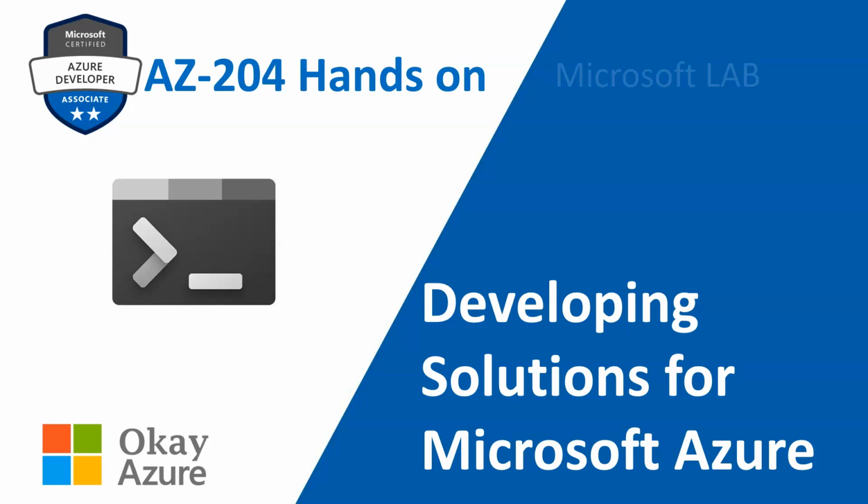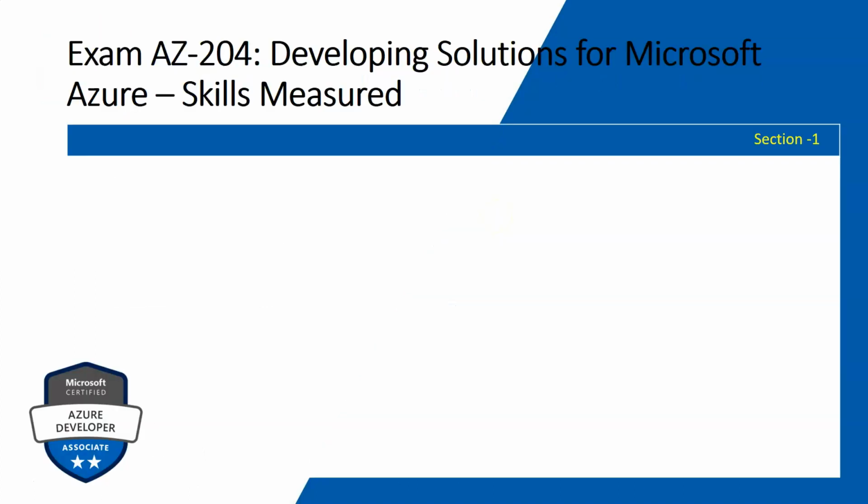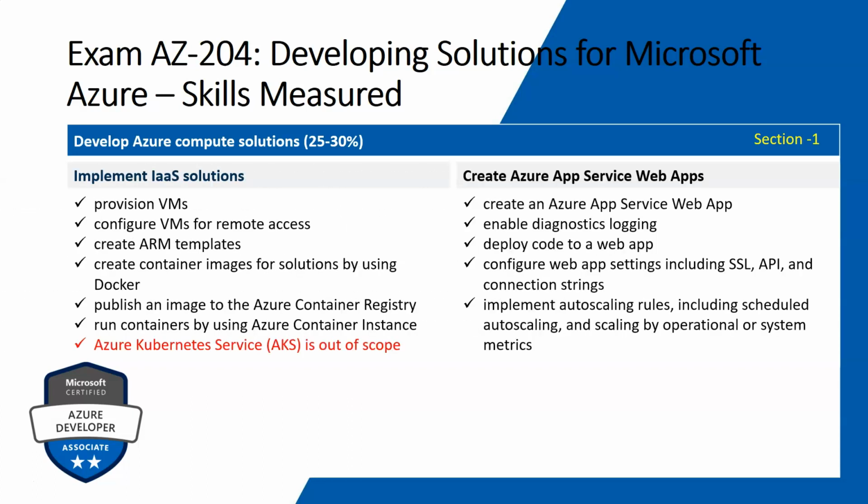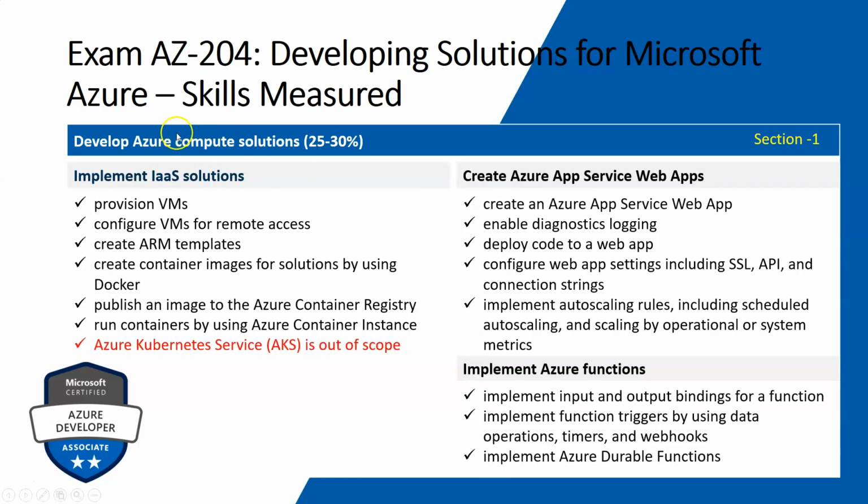Okay, so let's begin by looking at the course outline. Section one is develop Azure compute solutions, which covers 25 to 30% of the exam. Here we basically have three components: implement IaaS solutions, create Azure App Service web apps, and implement Azure Functions.